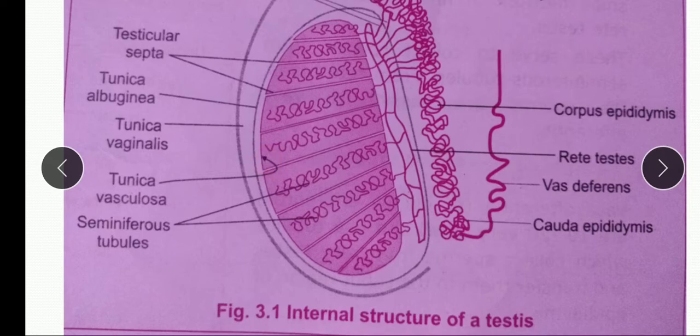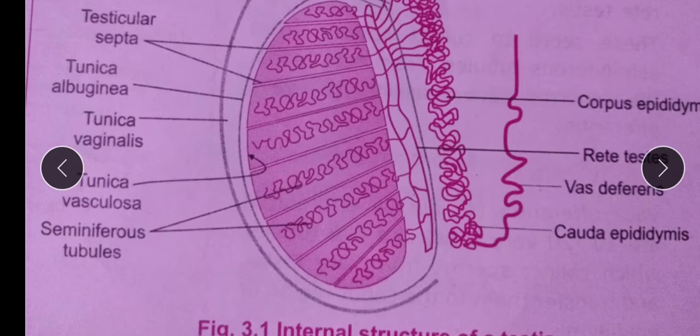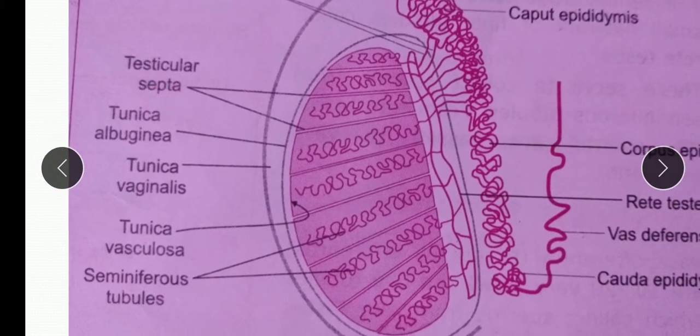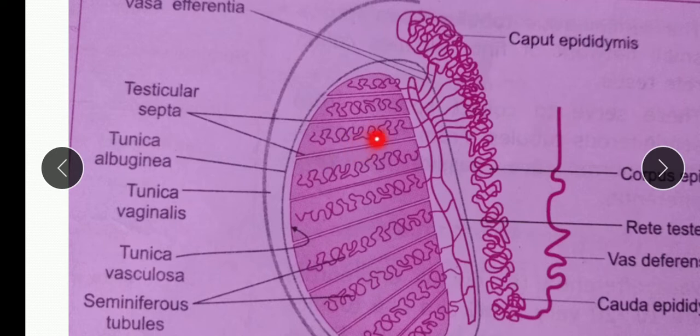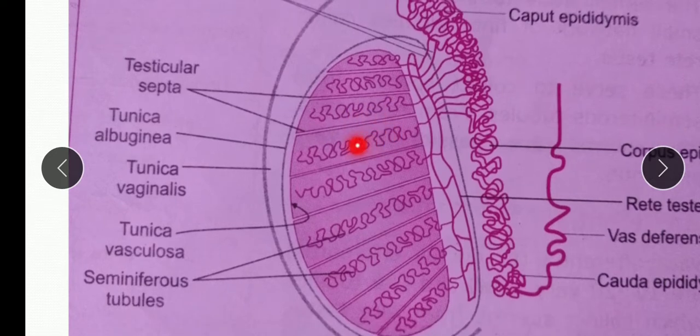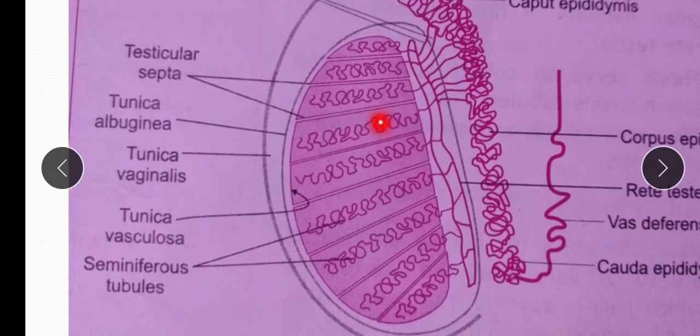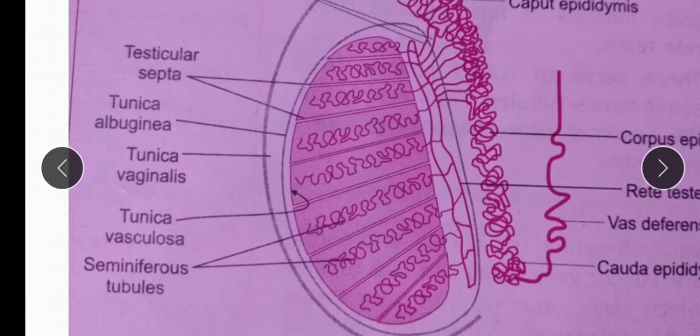Now we'll see the internal structure of the testes. What does it consist of? In the inner glandular region, each testis is divided into about 250 small chambers or septa. These septa or testicular lobules are formed by the ingrowth of the tunica albuginea.